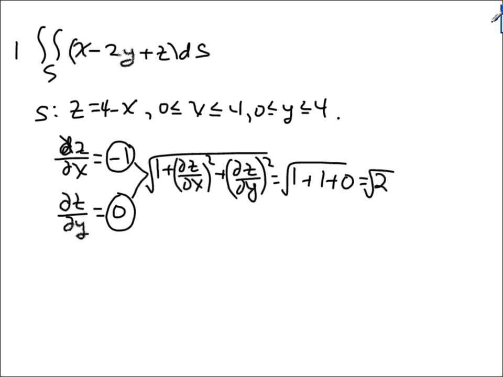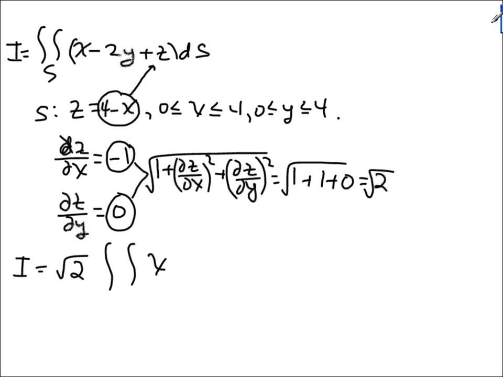So to do our integral, which I'll call I, I is equal to that number we just found, the square root of 2, times the double integral. Instead of z, I put 4 minus x.